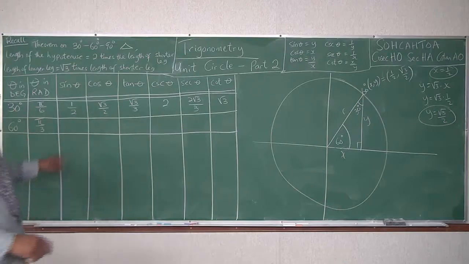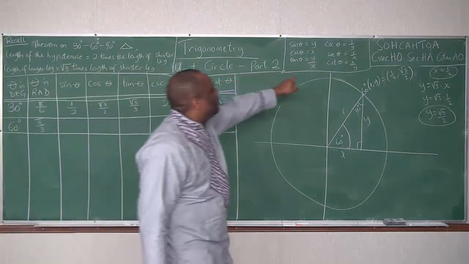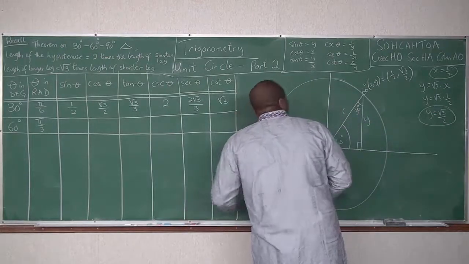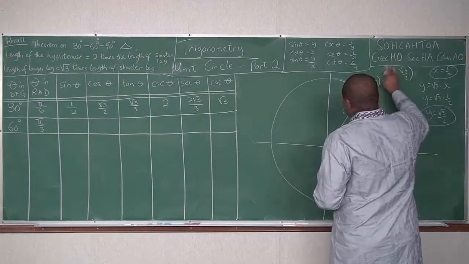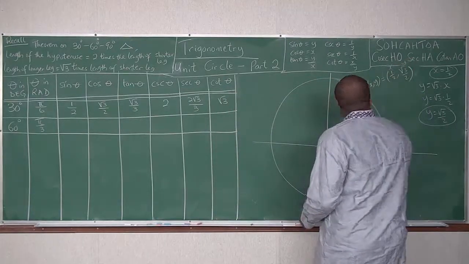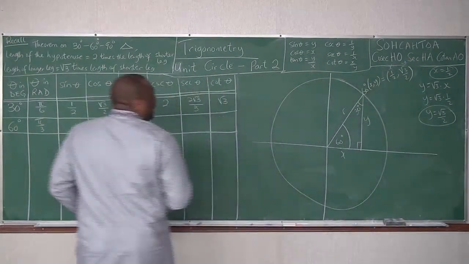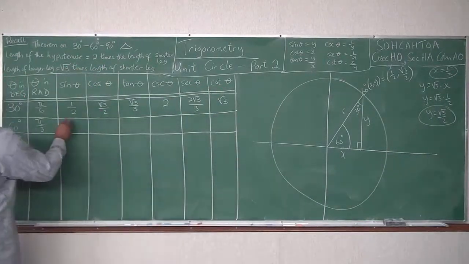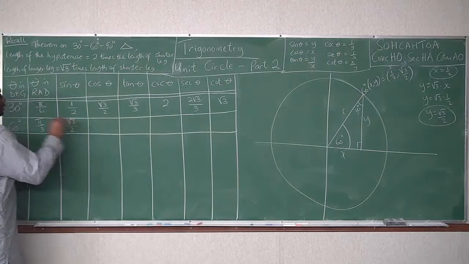That's it. Now, sine theta is y. Remember, this is x, y. Remember what we wrote initially? In this case, sine theta is y. So sine 60 degrees is square root of 3 over 2.